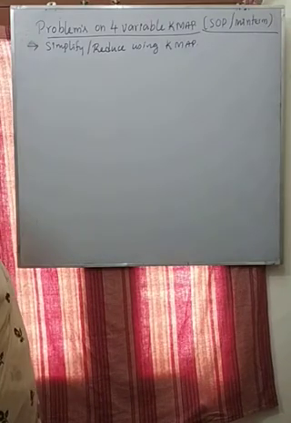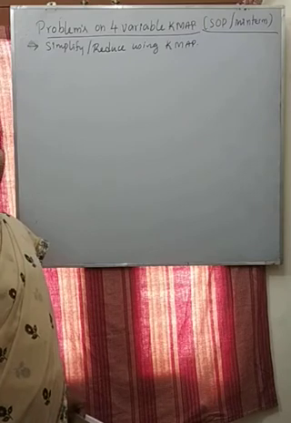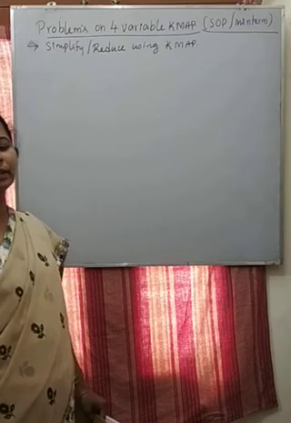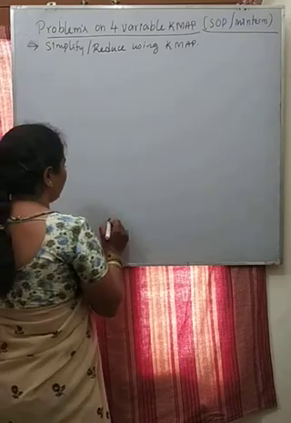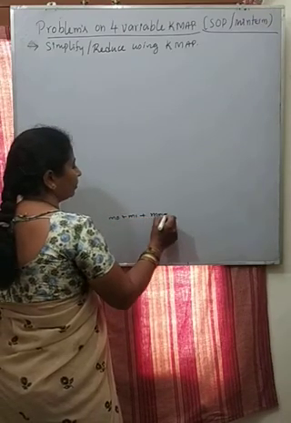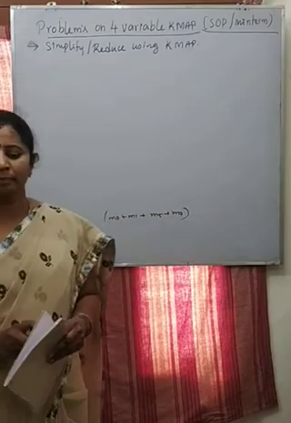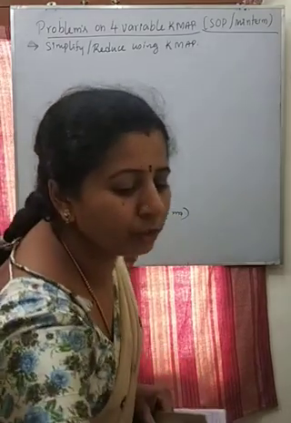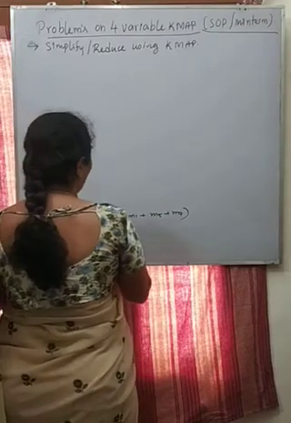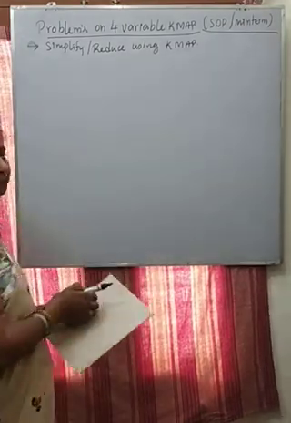You may get a directly given SOP expression, otherwise minterms, that is your M0 plus M1, M5, M7, like this the terms will be there. Otherwise, you need to identify how this is your SOP problem.